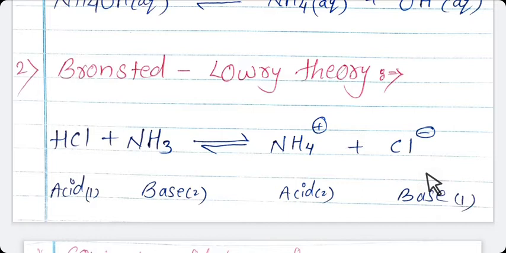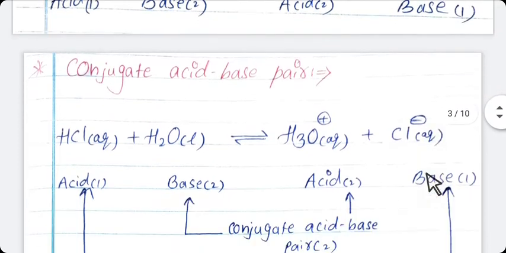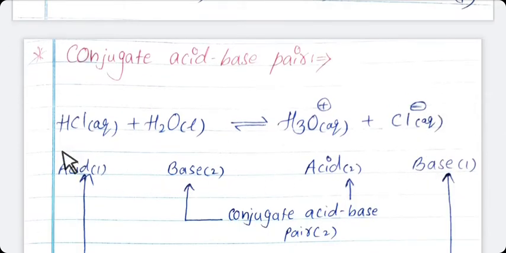Of that acid. Similarly, the acid which is produced when a base accepts a proton is called a conjugate acid. For example, see here, HCl is an acid.